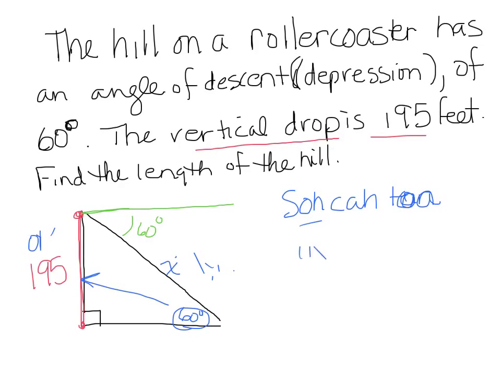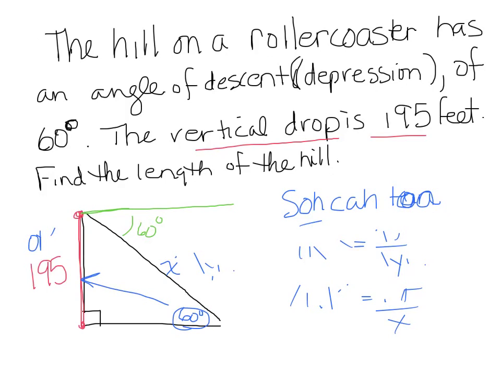So the sine of some angle is equal to the opposite over the hypotenuse. And in my case, I have the sine of 60 degrees is equal to the opposite, 195, over the hypotenuse, x. And of course we need to solve this by rewriting this equation.